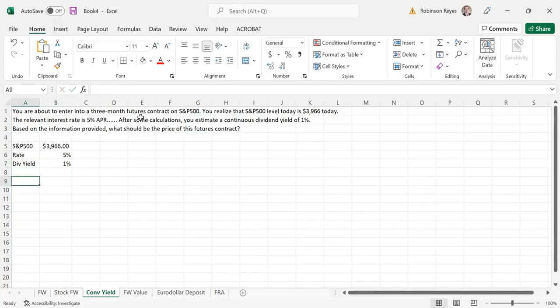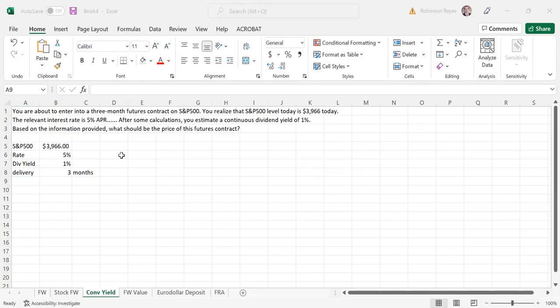One thing I was almost missing is that this is a 3-month futures contract, so the delivery is 3 months, and 3 months is a quarter.